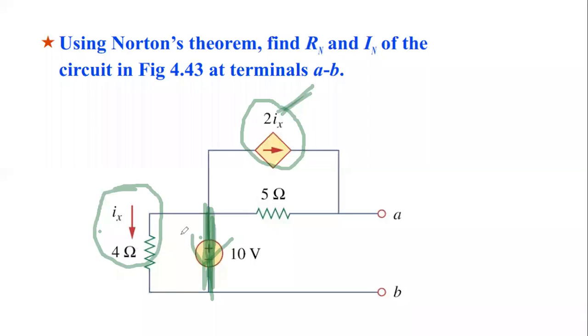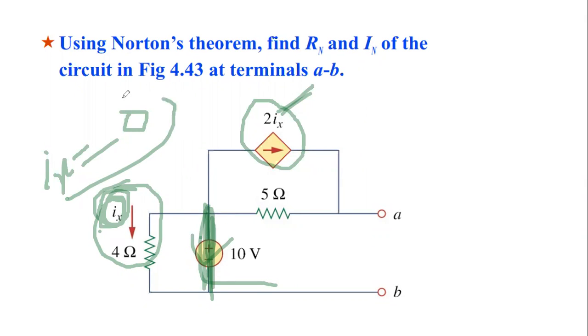So Ix becomes 0, because no current is going to flow in the 4 ohm resistor; all the current will flow from here. If Ix is 0, then this current 2 into Ix, 2 into 0, is also 0. So I can remove this one also.